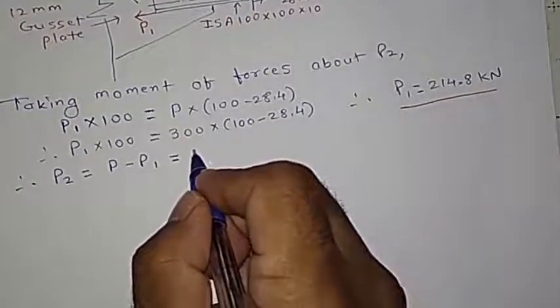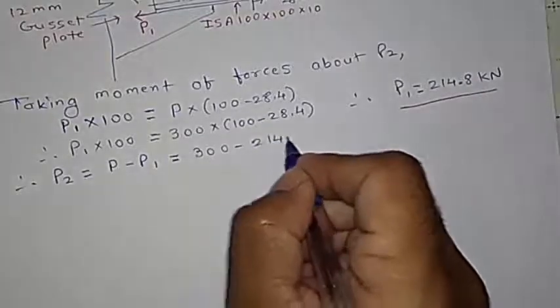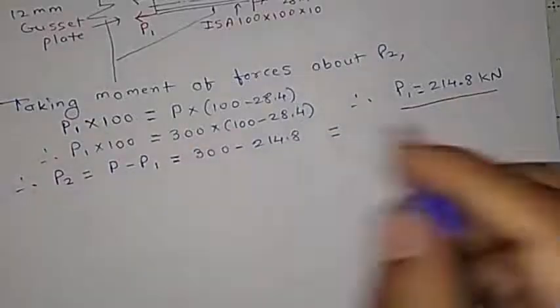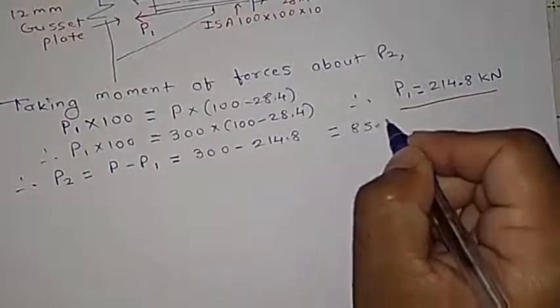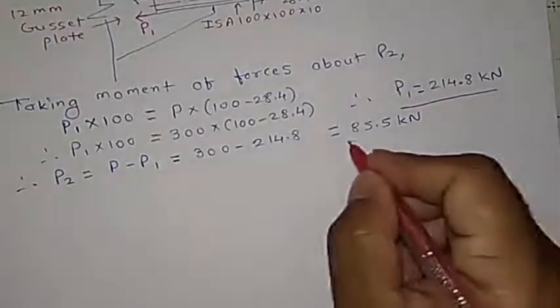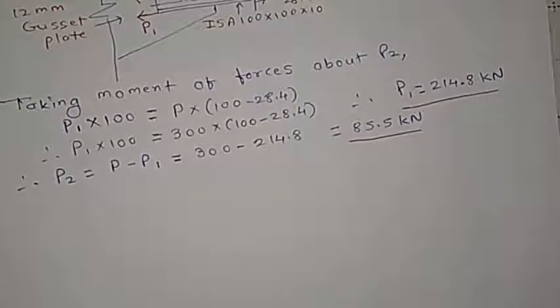So capital P is 300 minus 214.8, so we'll have 85.2 kilonewton. So those are the P1 and P2 forces. Now we'll be going through the size of the weld required.